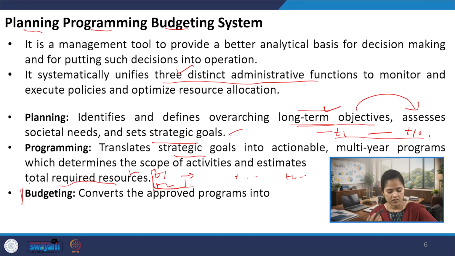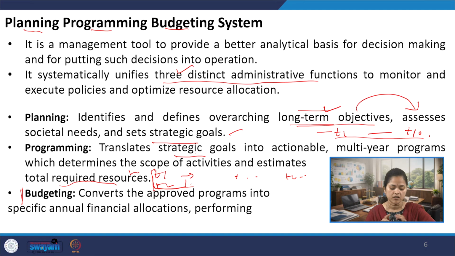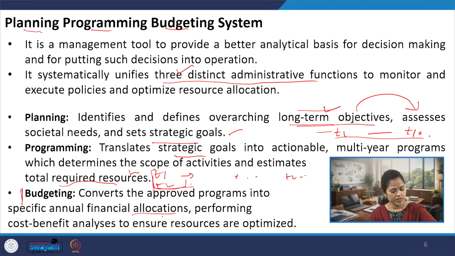So, the budgeting converts the approved programs into specific financial allocations. By doing a cost benefit analysis of all these resources that we are allocating, we need to ensure that this allocation of resources is optimized for doing this programming and also planning.